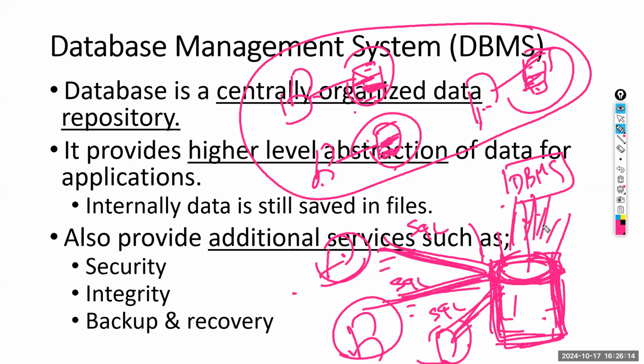So in modern software development or modern applications, we almost all the time go for DBMSs, not computer file-based systems. But remember, we work with the DBMS, but internally the DBMS keeps your data in files. So don't think that files are not used. Yes, files are still used to keep your data. But as programmers, when we develop programs, we don't want to think at the file level.